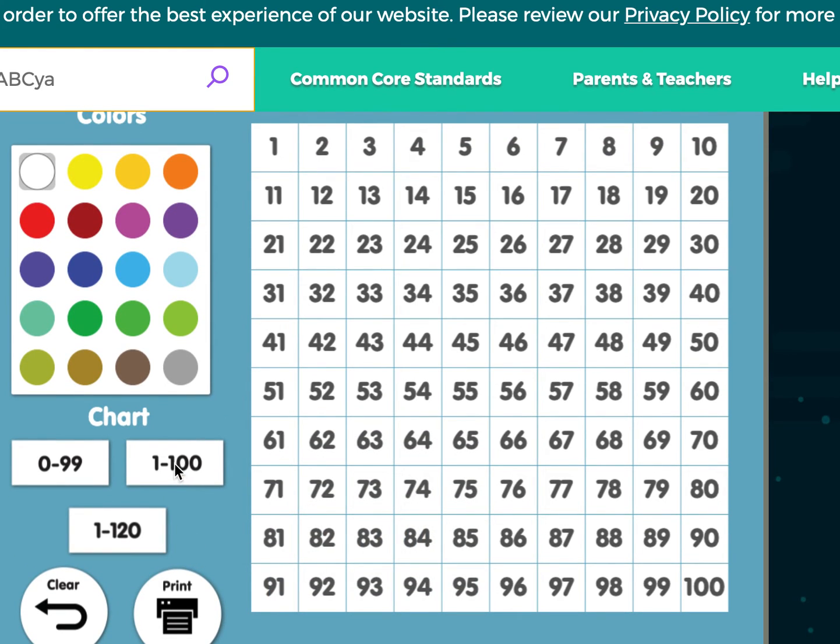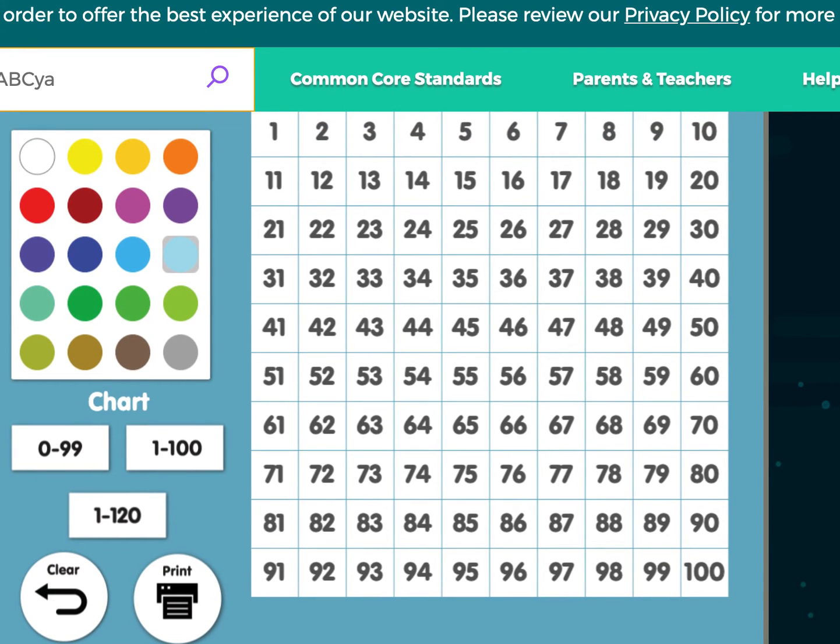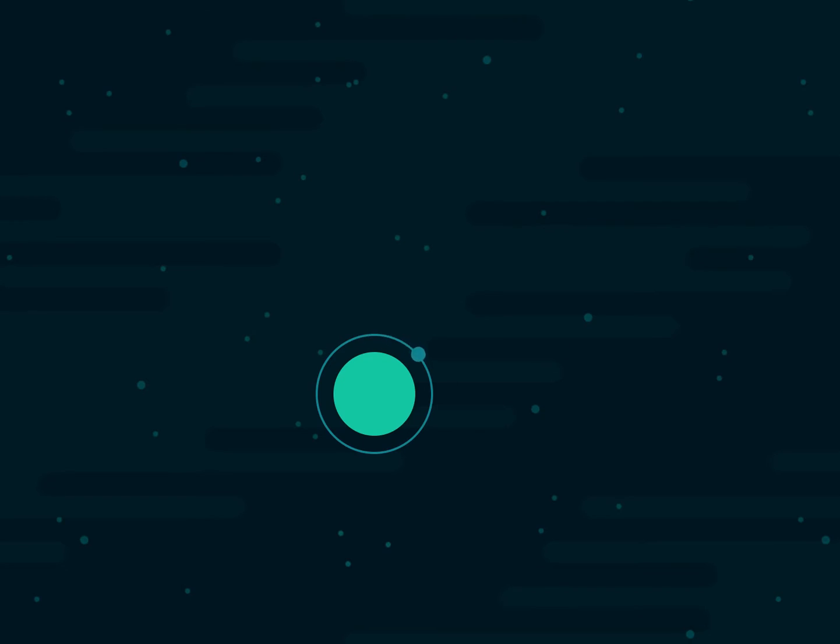You want the 1 to 100, so you can find all the 2s. The last number starts with 2: 2, 4, 6, 8, 10, 12, 14, okay? Or you could count by 5s: 5, 10, 15, 20. Or you could count by 10s: 10, 20. This is way better, I think, for practicing your patterns.